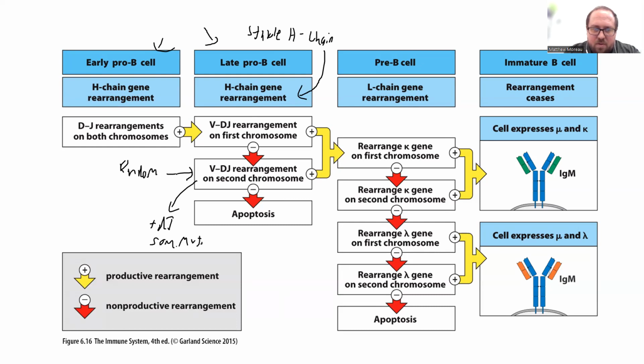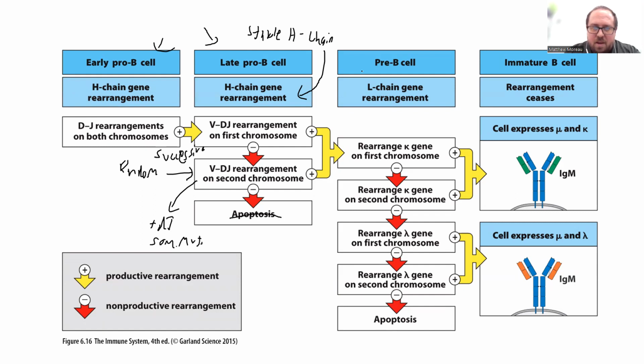and it only happens based on, sorry, not single, but successive rearrangement. So you can have random success. Successive rearrangement of the heavy chain over the two different chromosomes. If it fails, the cell undergoes apoptosis.